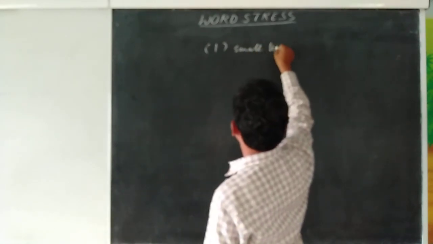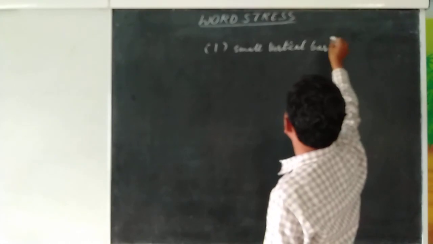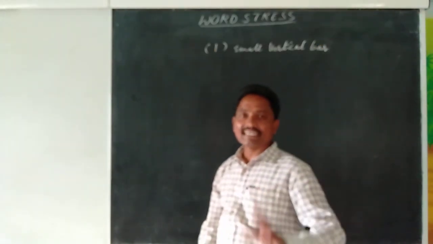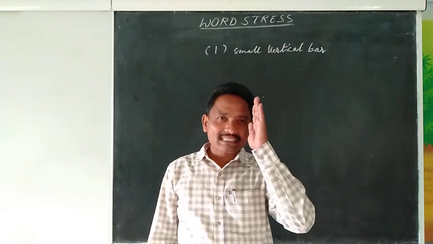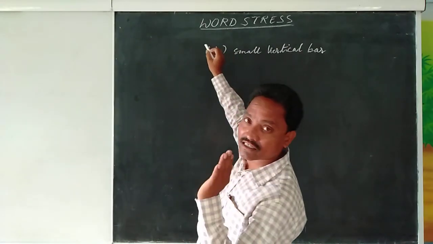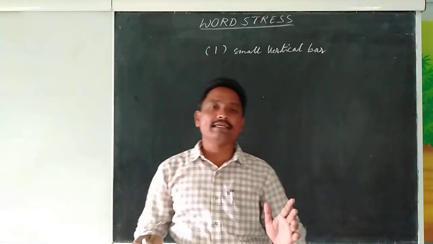I already taught this in the last class. The small vertical bar is placed where there is an accent in a word, before that syllable, at the beginning of the syllable. By this mark, we have to identify the stress.